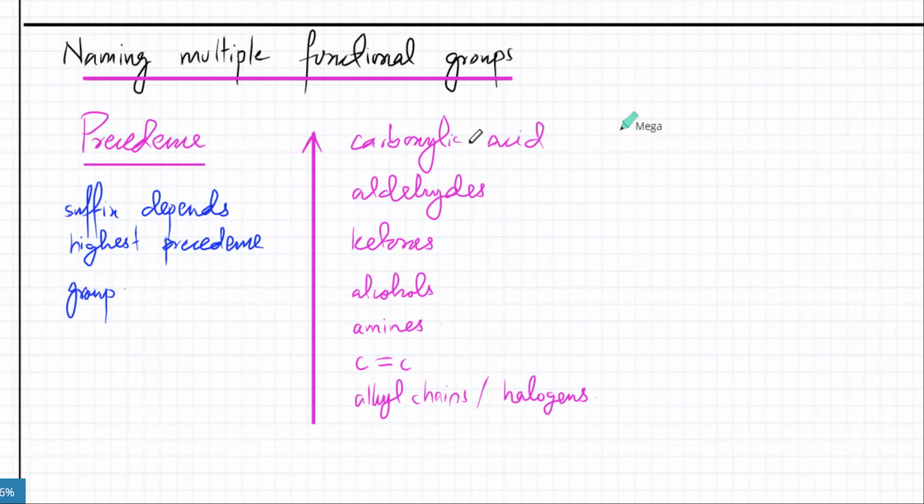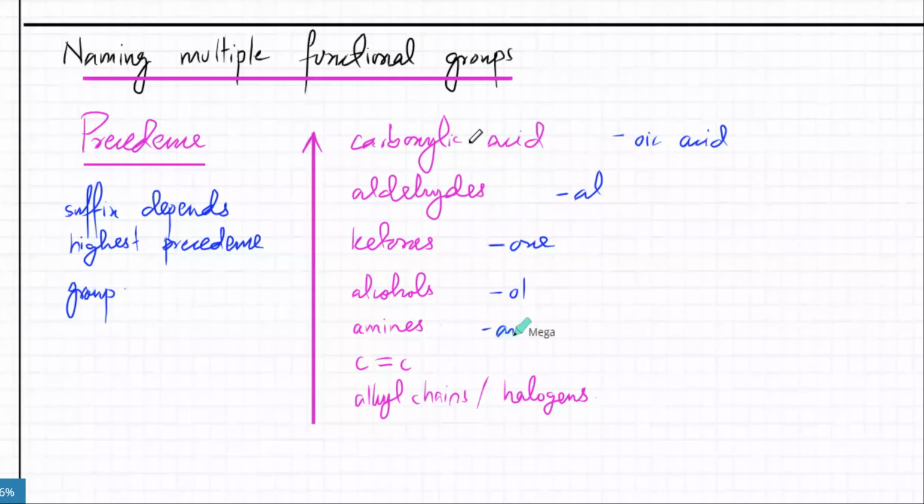If it's got a carboxylic acid group, it's going to be oic acid, and so on. If it's an aldehyde, it's going to be al. If it's a ketone, it's going to be one. And if it's an alcohol, it's going to be ol. For amines, it's going to be just amine. Double bond is going to be an ene, and so on.